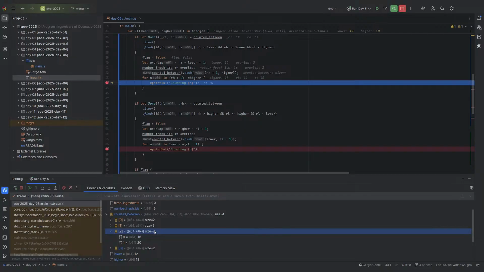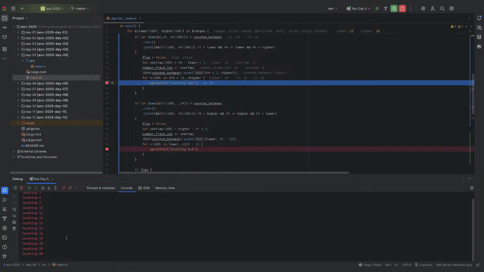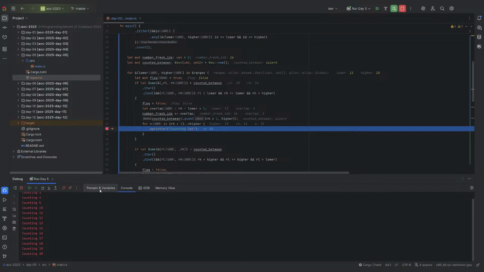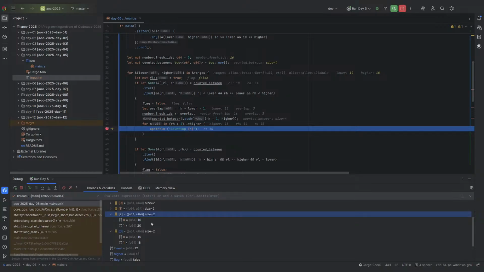That's all correct. Now we're going between 15 and 18, which should be a problem because that is fully contained in this range. Just wrong. Which means my conditions are messed up.